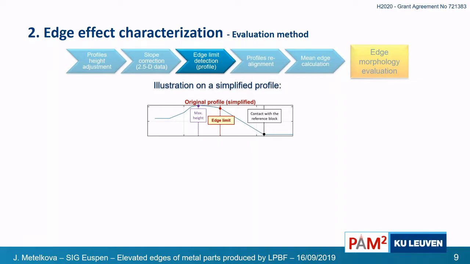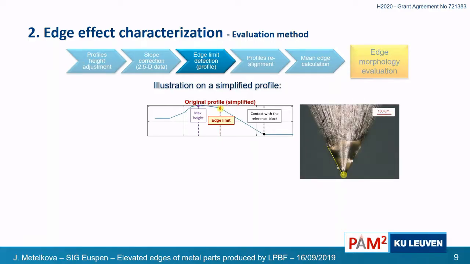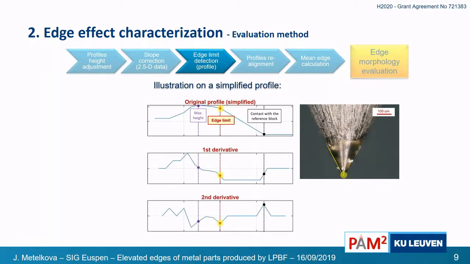What we considered as the edge limit is actually the point where the probe is not in contact with the material anymore, but starts to slide on its length. Therefore, we can consider the change of the slope that can be detected through the first and second derivatives, so the downward peak of the second derivative.